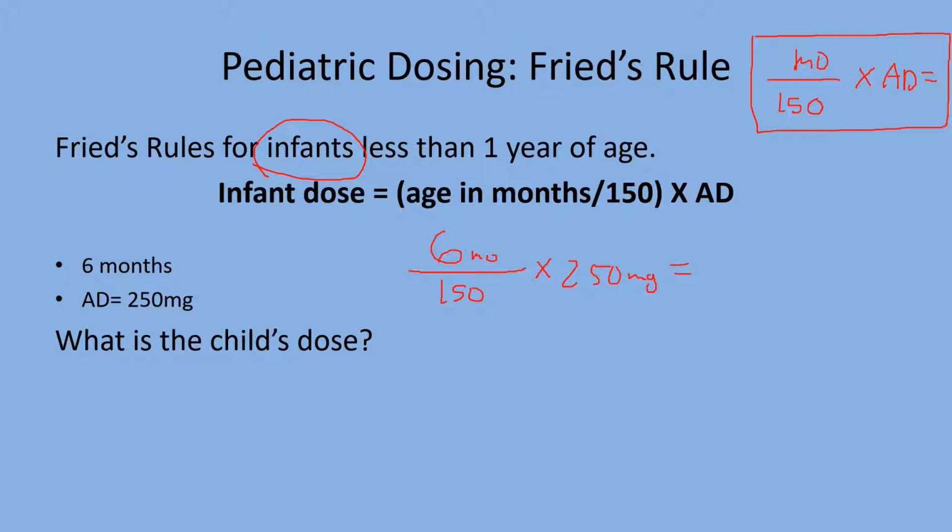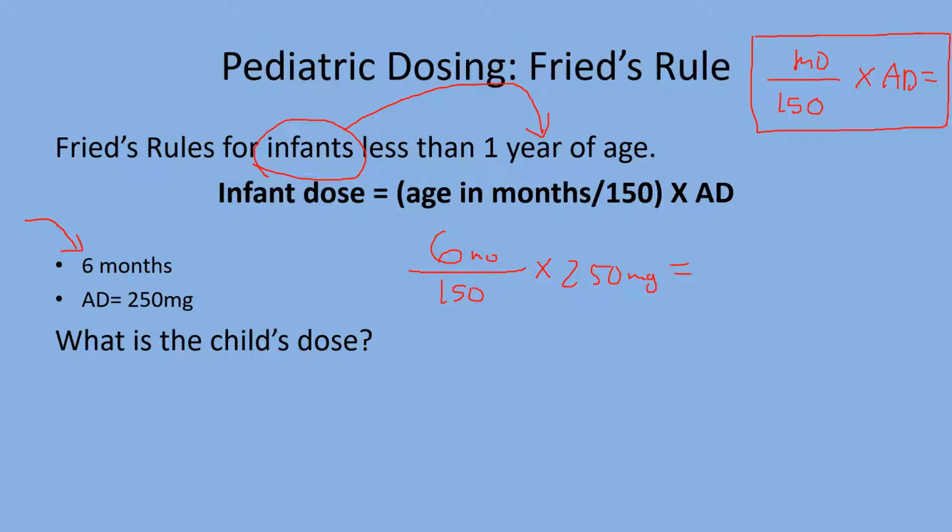That's gonna be Clark's rule. So Fry's rule is for infants, anybody under 1 year of age, so hence age in months. If they're over 1 year and you want to do it by weight, you're going to use Clark's rule. So that's a good question. You have to identify which one to use. In this case, based on the age less than 1, you're going to use Fry's rule.